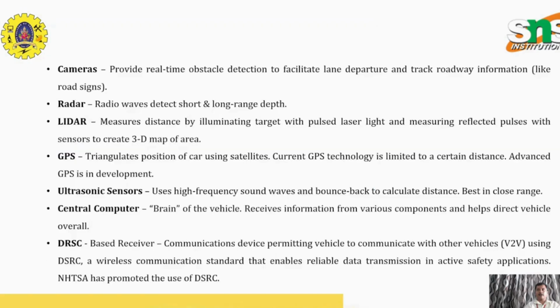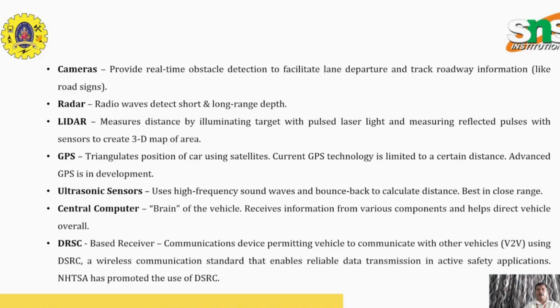The first is the camera. The camera is used to provide real-time data for the vehicle. It detects objects, finds obstacles, and also detects the lane. For example, if you travel on a highway and you are supposed to travel in a particular lane, the speed indications or the signs over the road can be captured by the camera, and it sends the ECU the speed limit.